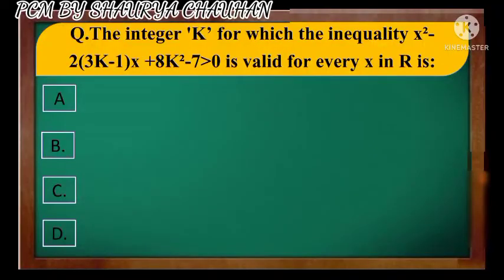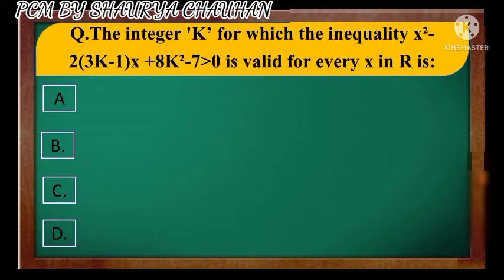Here's the last question: the integer k for which the inequality x square minus twice of (3k minus 1) x plus 8k square minus 7 is greater than 0 is valid for every x in R. Here R means the set of real numbers.